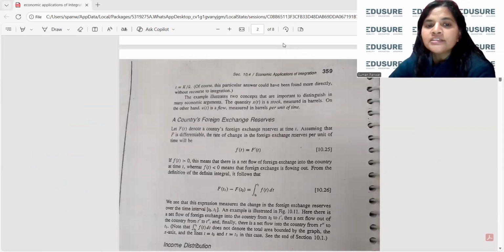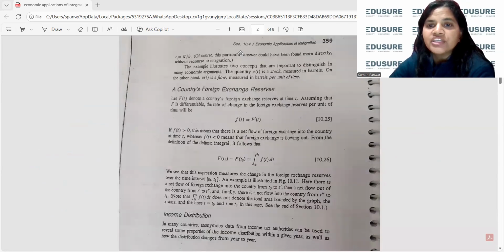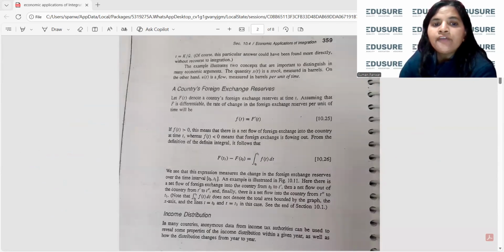Now, the next topic is currency, a country's foreign exchange reserves. Let F(t) denote a country's foreign exchange reserves at time t. Assuming that F is differentiable, the rate of change in the foreign exchange reserves per unit of time will be the derivative of F(t). So dF/dt we are defining as small f(t).